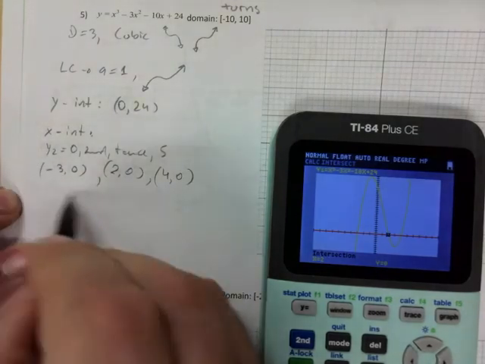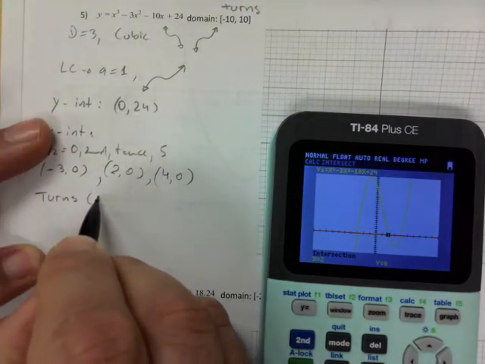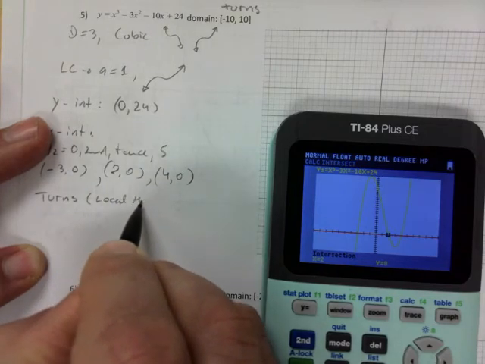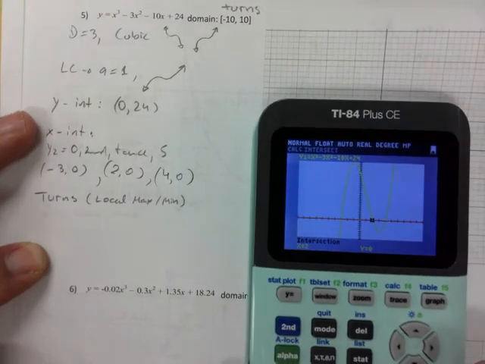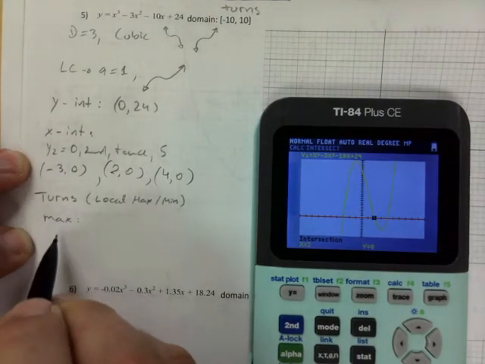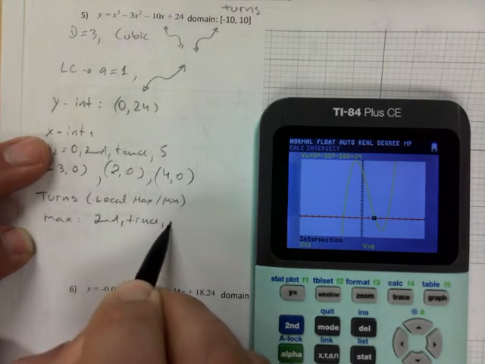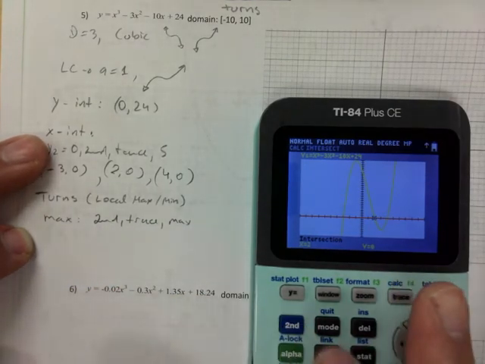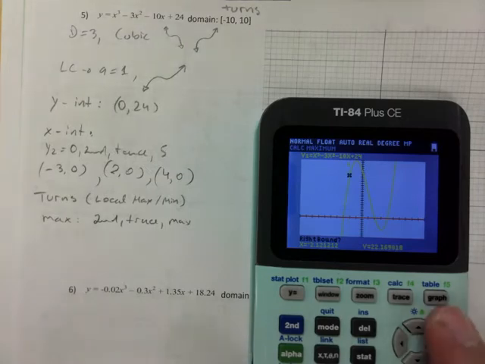And then, so the x-intercepts are done, and then turns, right? Local max, min. And here you have multiple, right? So we're going to find the max. We're going to go second trace max. Let's do that first. Second trace max. So you have to kind of scroll to the left of it, enter.